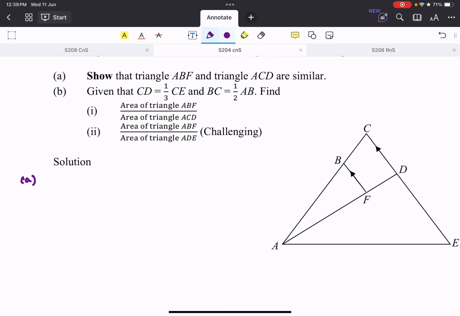We know that angle BAF is equal to angle CAD, because they are common.